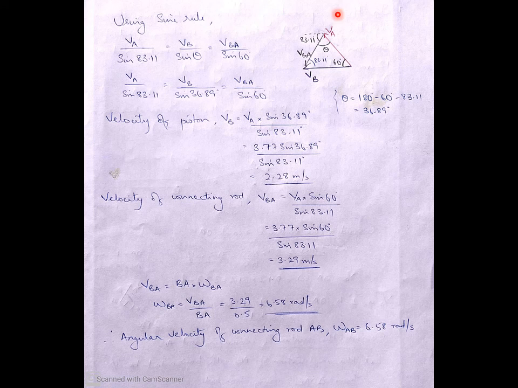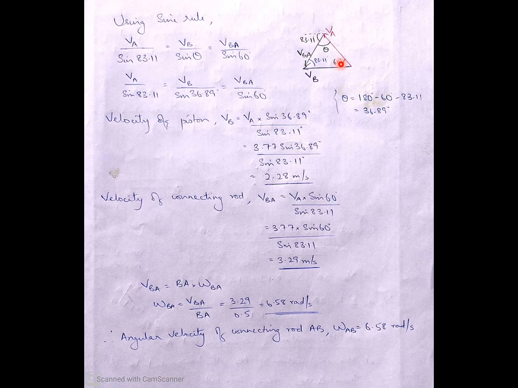Now again, we draw the vector diagram. We have seen that velocity of A is inclined at 60 degrees, velocity of B is towards left, and velocity of BA is inclined at 83.11 degrees. Using the sine rule, each side is divided by the sine of the angle opposite it.